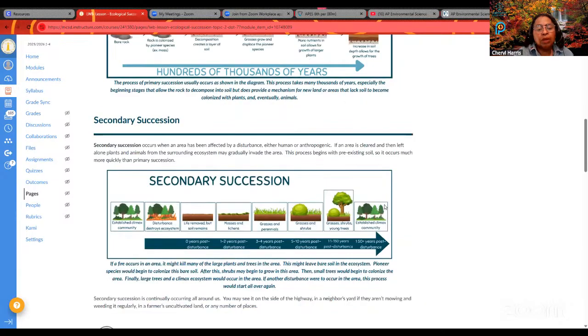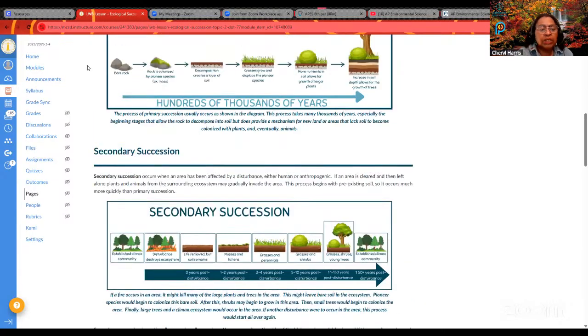All right, so then again, secondary succession, they will have the same pictures, except they start off different. Secondary succession becomes necessary because of a natural disaster, like a forest fire, a tornado destroying the place, or floods washing out all of the vegetation.